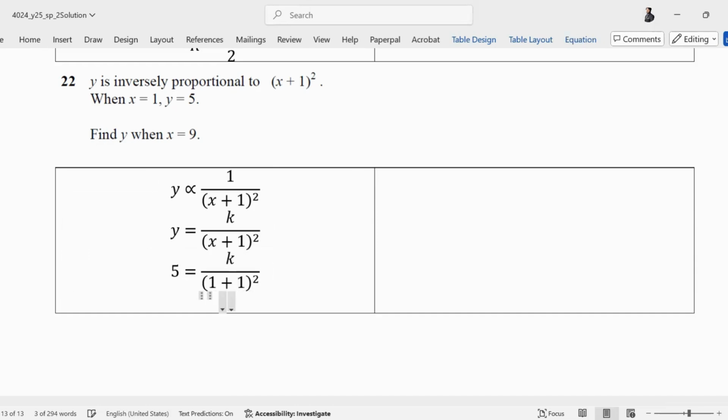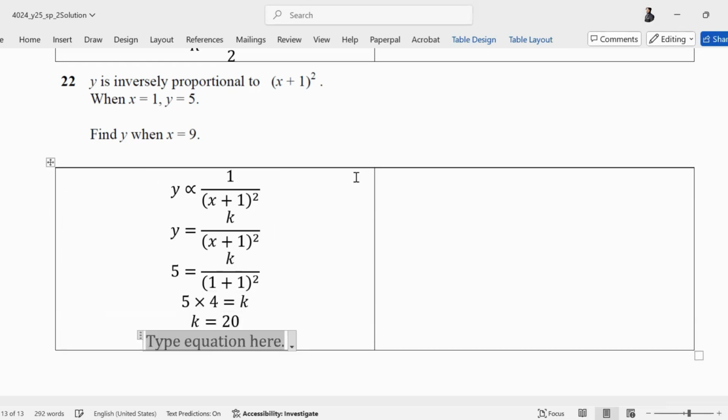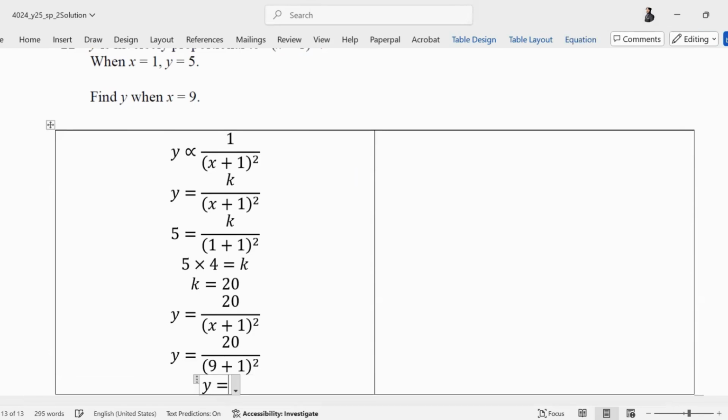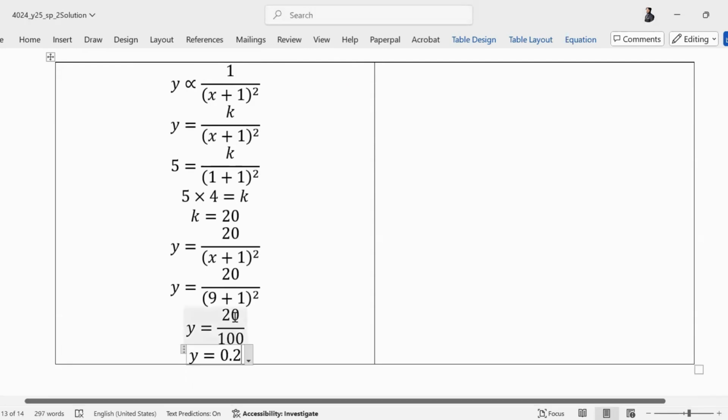So 5 into (1 plus 1) square, which is 4. So the value of k is 20. y is equal to 20 upon (x plus 1) whole squared. So 20 upon, x value is 9, so y is 20 upon 10 square, which is 100. y is 0.2. You can leave the answer as a fraction as well, 1 upon 5 or 0.2.